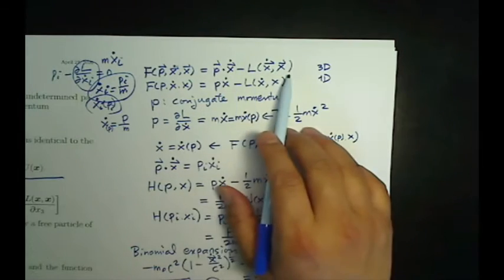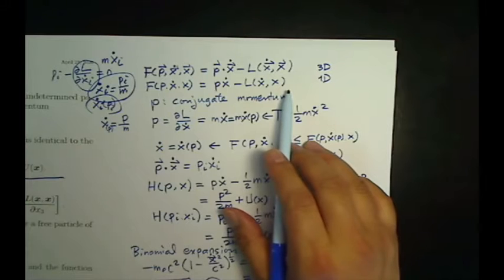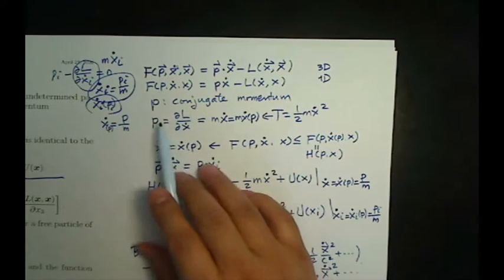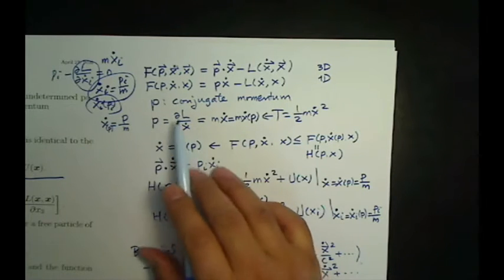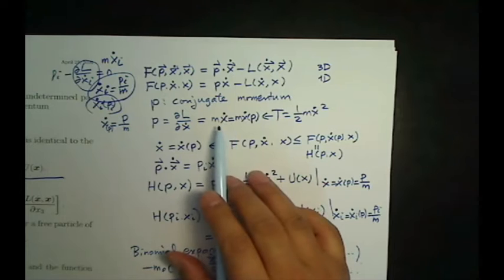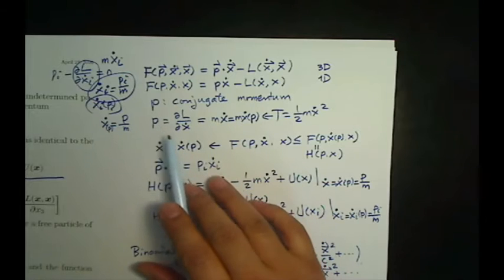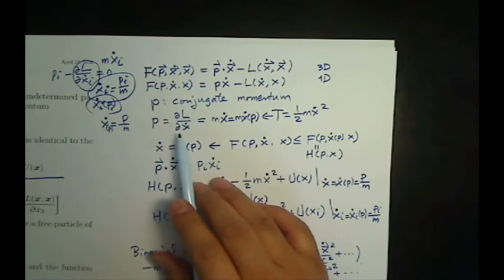This is the three-dimensional case, and this is the one-dimensional case. We recall that p is the conjugate momentum, and this gives x dot to be replaced with p over m.